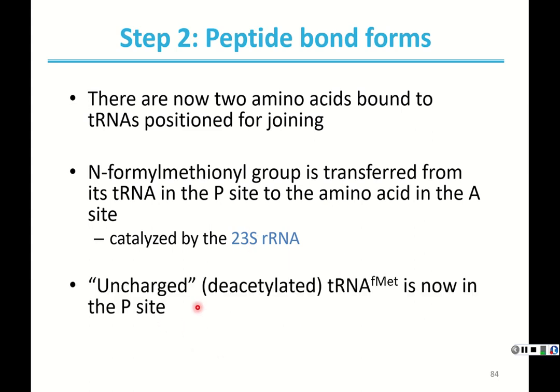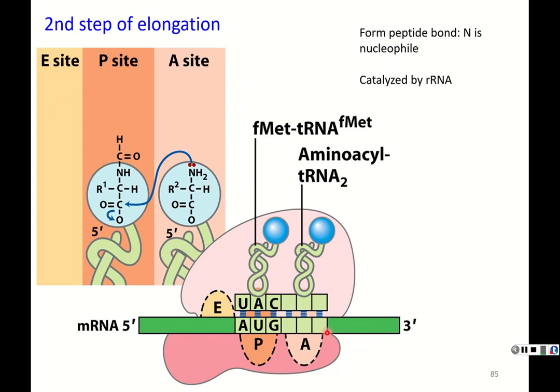The uncharged tRNA is now in the P site. So now you have an uncharged tRNA in the P site and a tRNA in the A site that has 2 amino acids attached to it. Right, so how this occurs: on the A site, the tRNA amino acid that just came in recently is going to have its amino group do a nucleophilic attack on the carboxyl group of that amino acid that's in the P site.